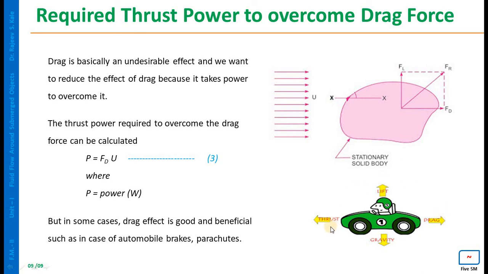So you can increase the speed of car. So the thrust power required to overcome the drag force can be calculated by this relation. But in some cases, drag force is also required. For example, in case of applying the brakes, in case of parachute.